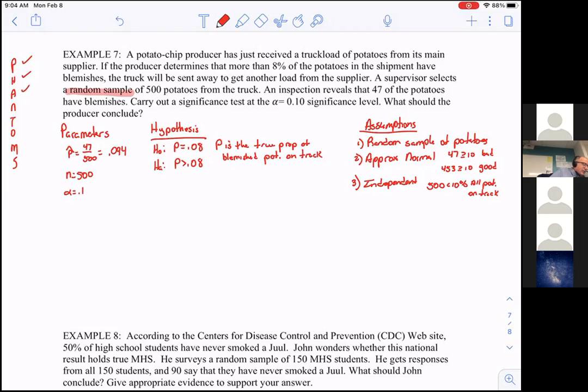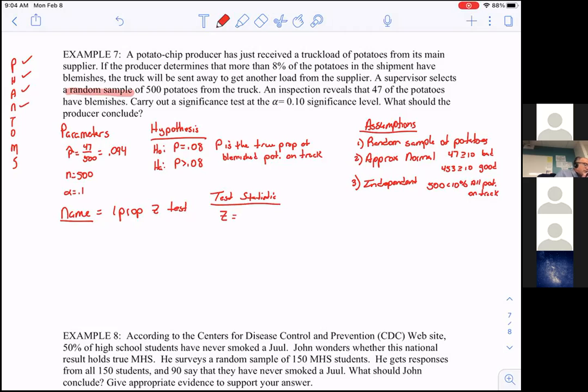All right, so we have to name a test. My name is going to be Joe. No, my name is going to be a one-prop z test. We need a test statistic, which is a z-score.